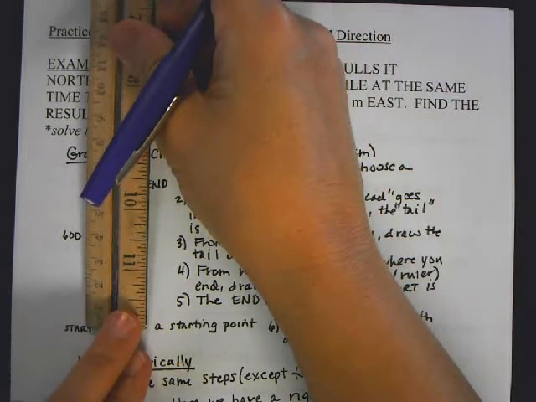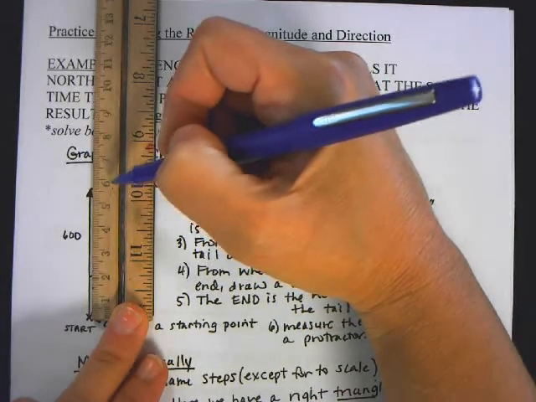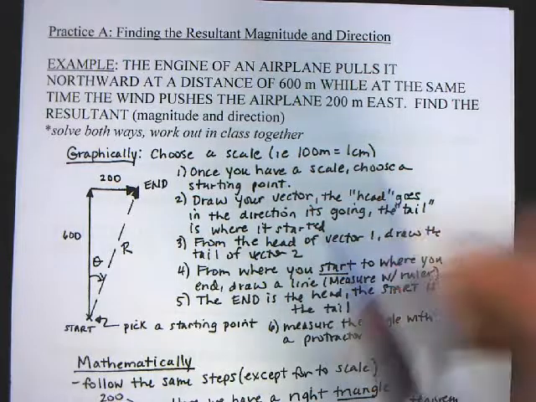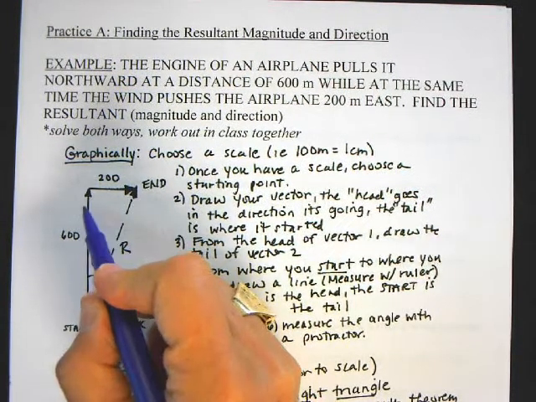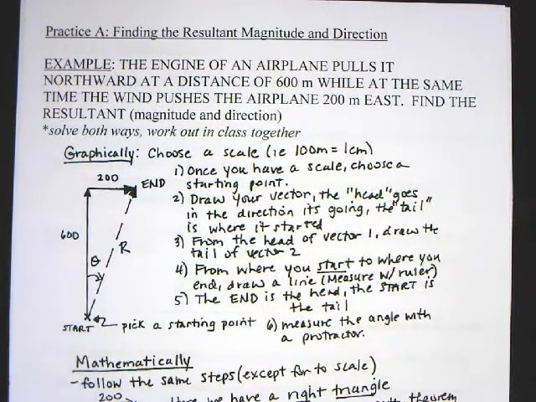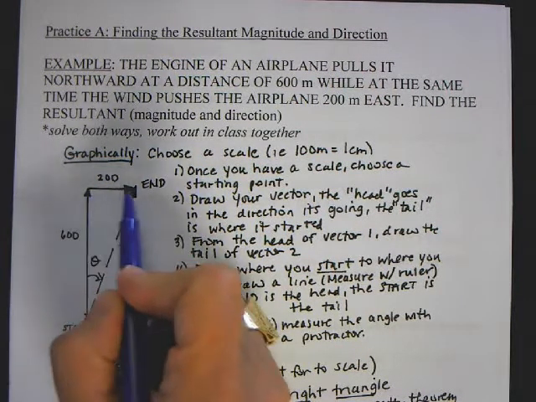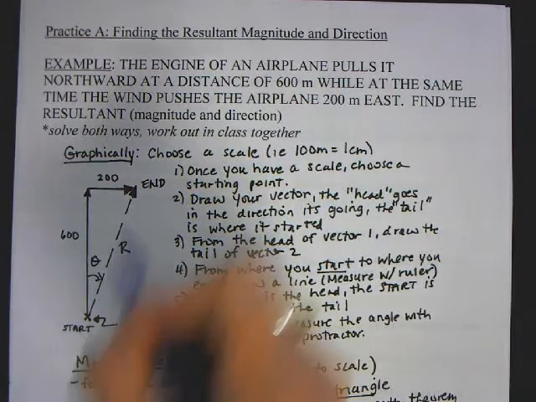See how I drew it to be 6? This is 6 centimeters. So my scale was 100 meters is a centimeter. So this represented the 600 north. And you see how I drew it up because north is up. From the head of this vector, I drew the tail of the other, which is 200. From where I start to where I end up, I drew a line, and that was my resultant.